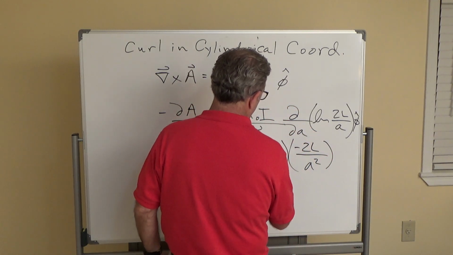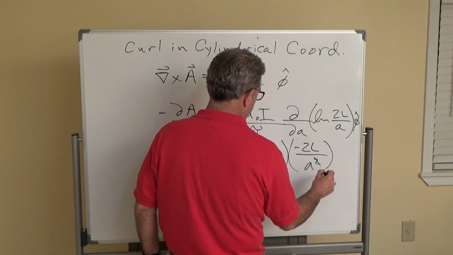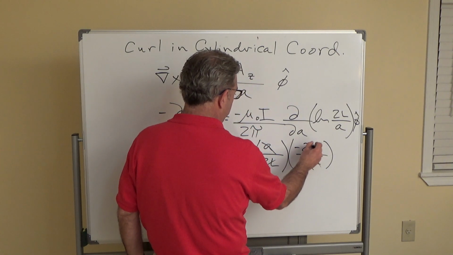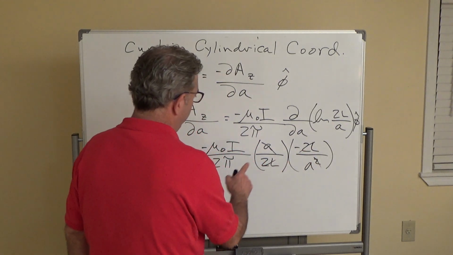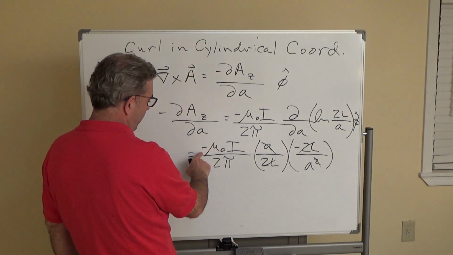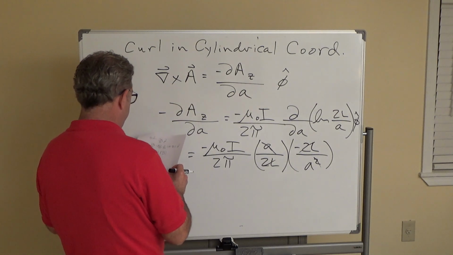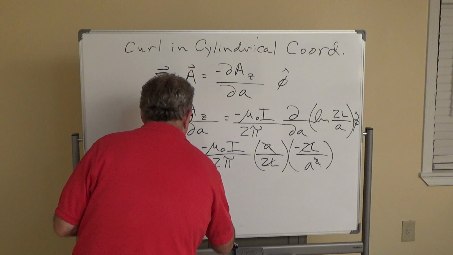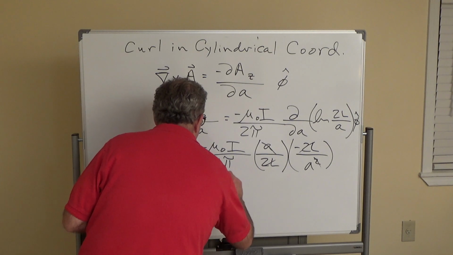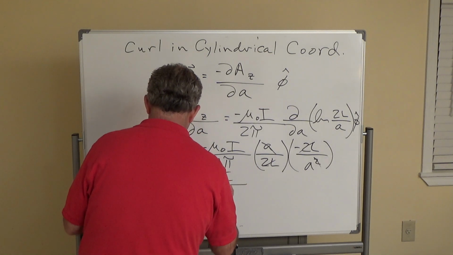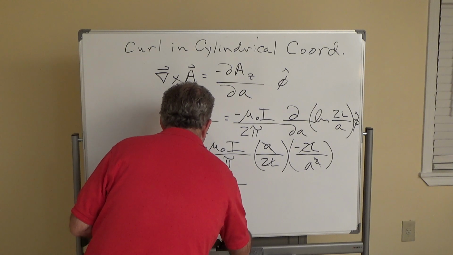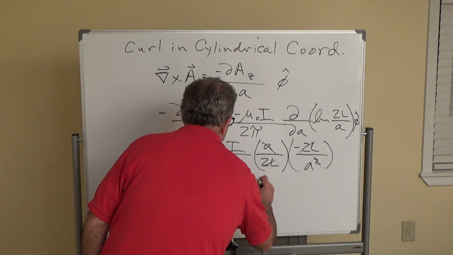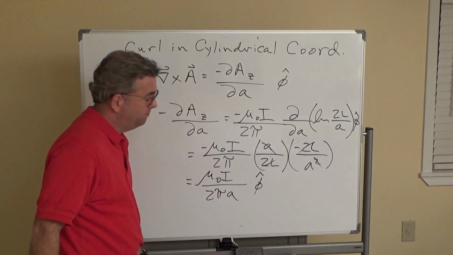So that cancels, and these cancel, and the negative stays, that kills this negative, and you get exactly what we calculated previously for the field of a long straight wire, mu naught I over 2 pi a, phi hat.